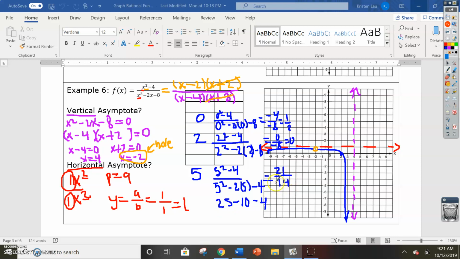Sorry, I can't subtract anymore. 25 minus 10 is 15, and 15 minus 4 is 11. Then 21 over 11 is like 1 point something. So I'm just going to put it right here, and I know that my graph is going to go like that. I'm going to use my asymptotes to graph the rest of my line. And that's it.